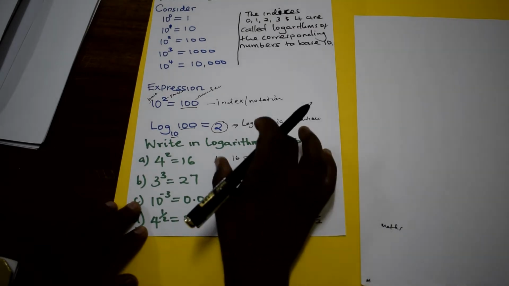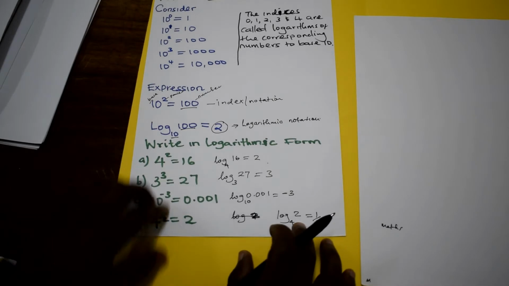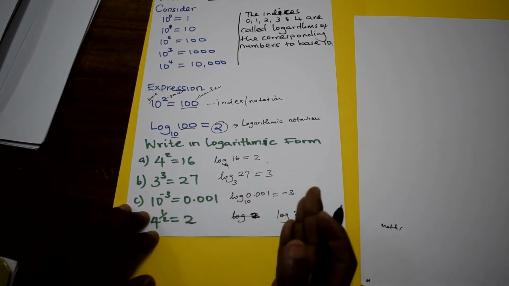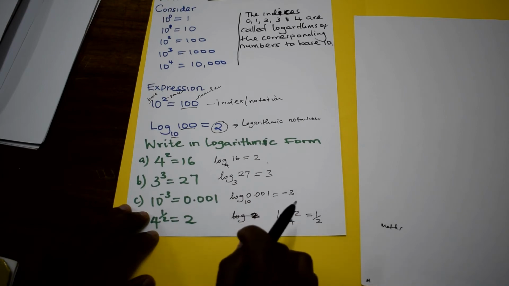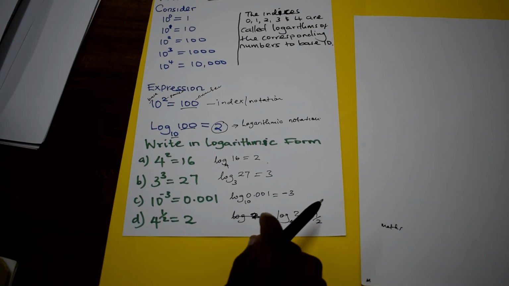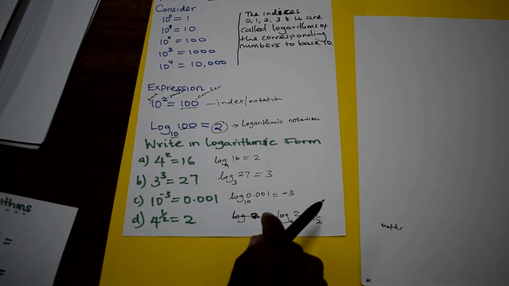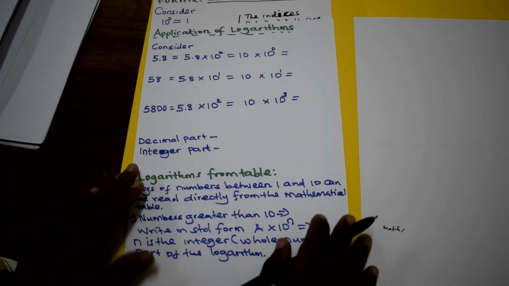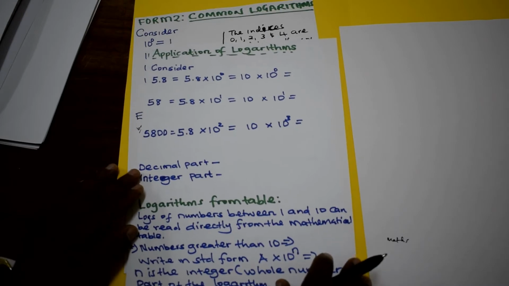So this side we have the logarithm form, and this side we have the index form. So we can write from one side to the other, but our interest here is logs, and for the purpose of this topic, we are going to deal with logs to base 10. So consider a number like 5.8.